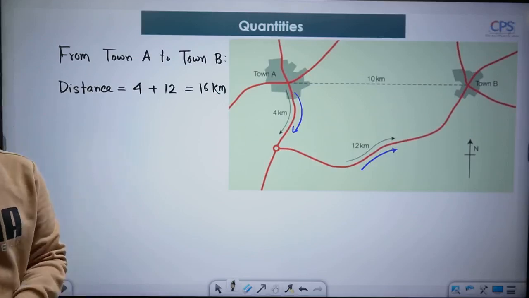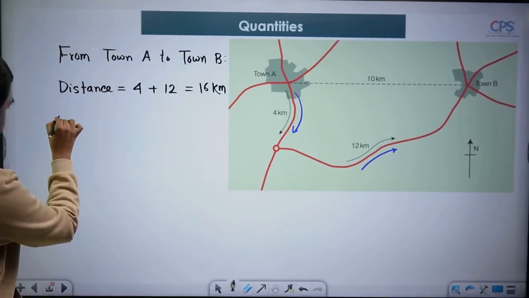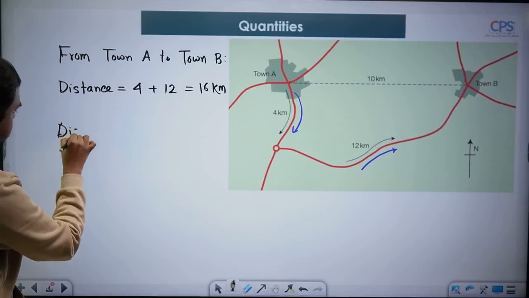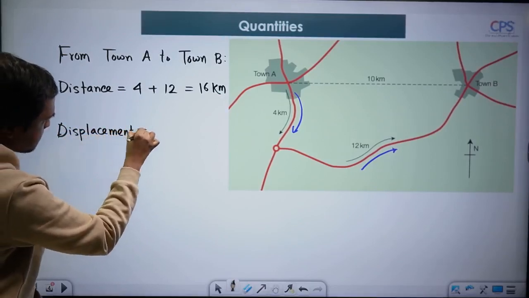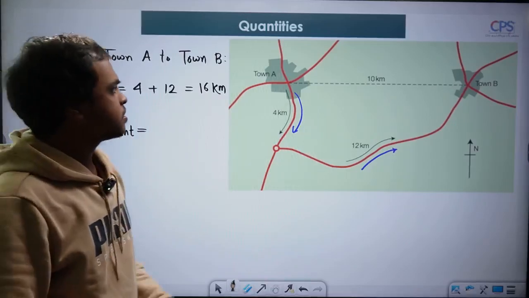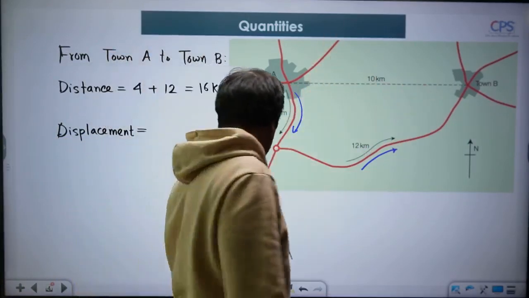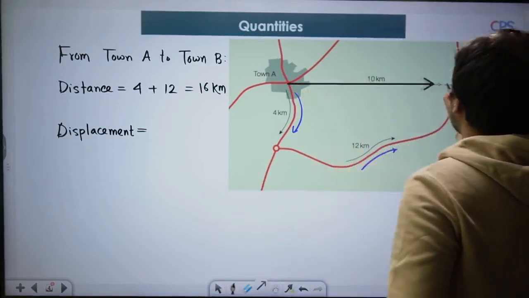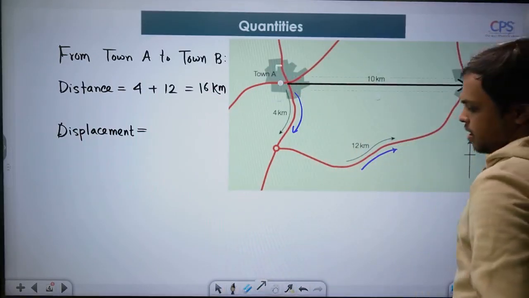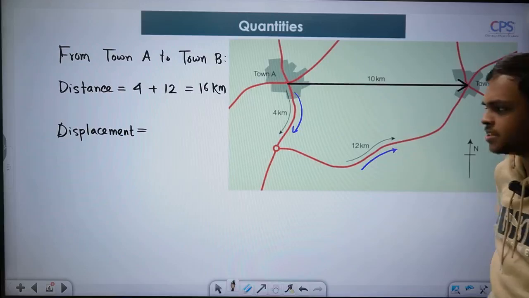That's the distance. And how about the displacement? The displacement is, see, from town A to town B, you can just give it a straight line and it says it's 10 kilometers and that's the displacement.